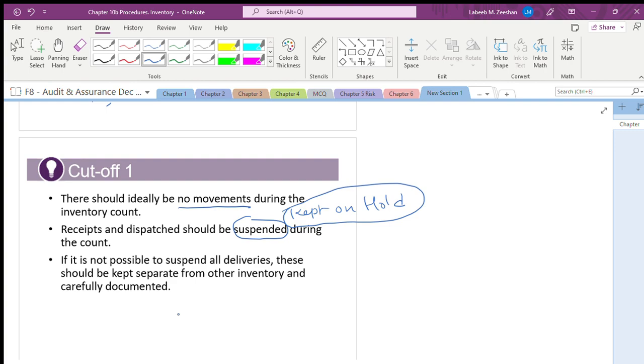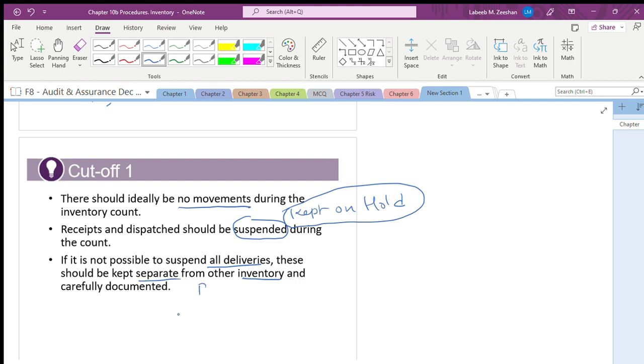Things will work, okay? If it is not possible to suspend all deliveries, then this inventory should be kept separately from other inventory and carefully done.